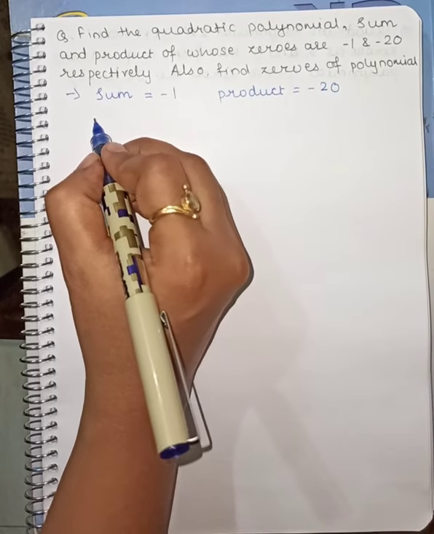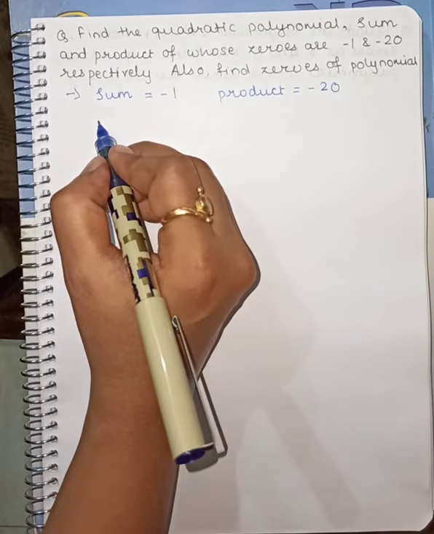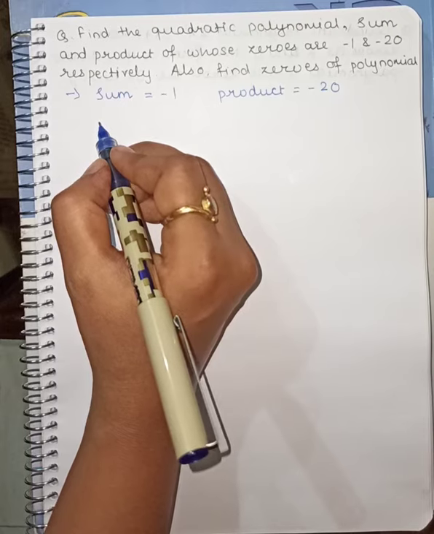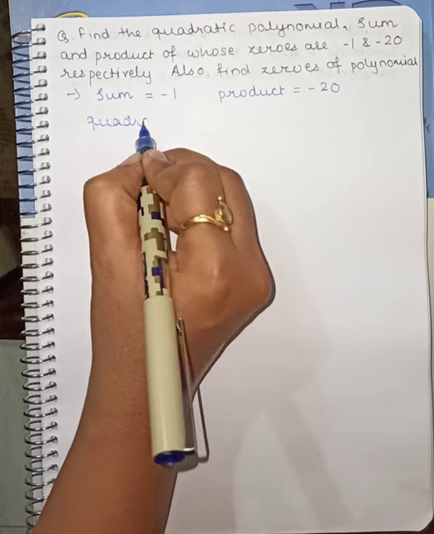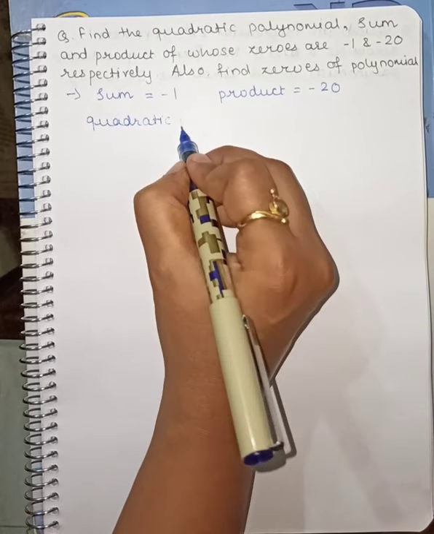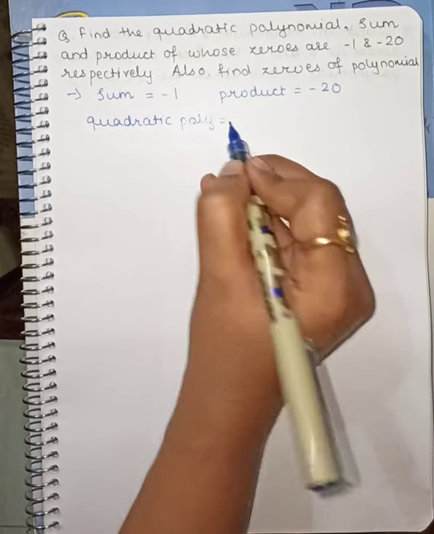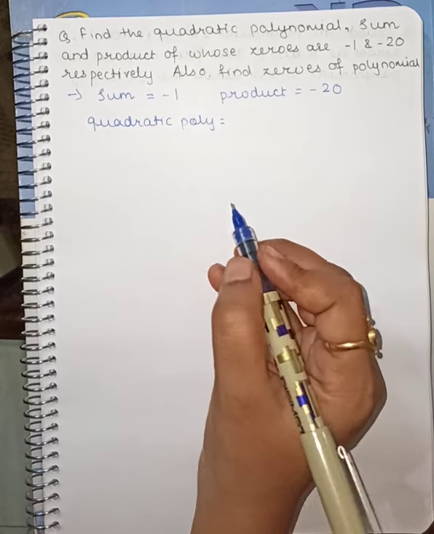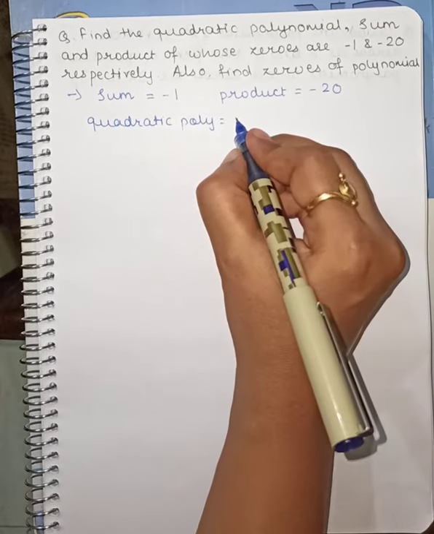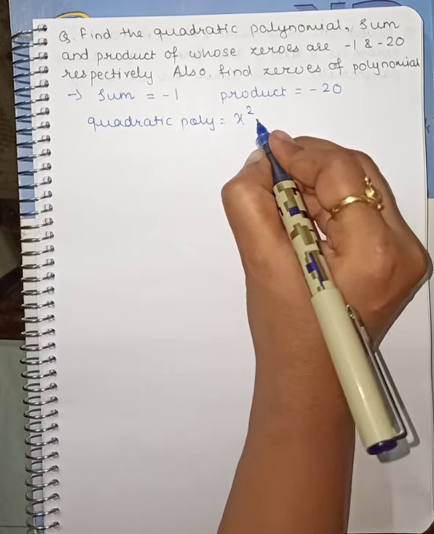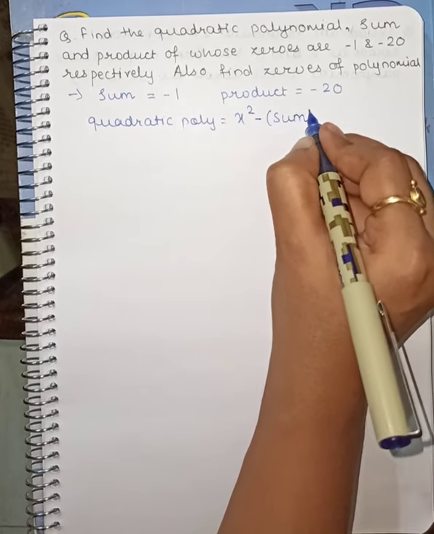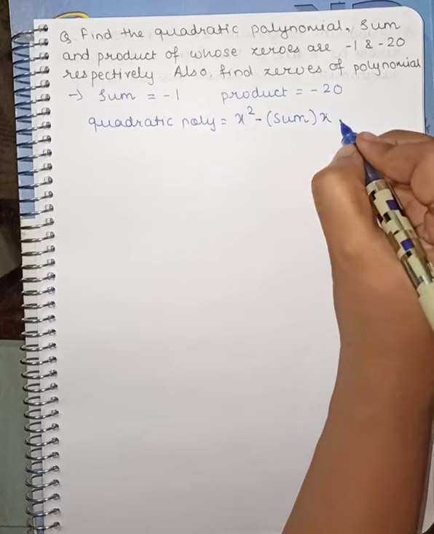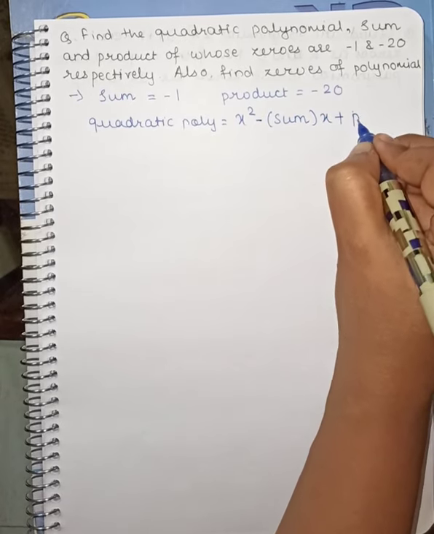Now, as we know that the quadratic polynomial, if we have to write it in terms of the sum and the product, we can write x square minus sum of the zeros into x plus product of zeros.